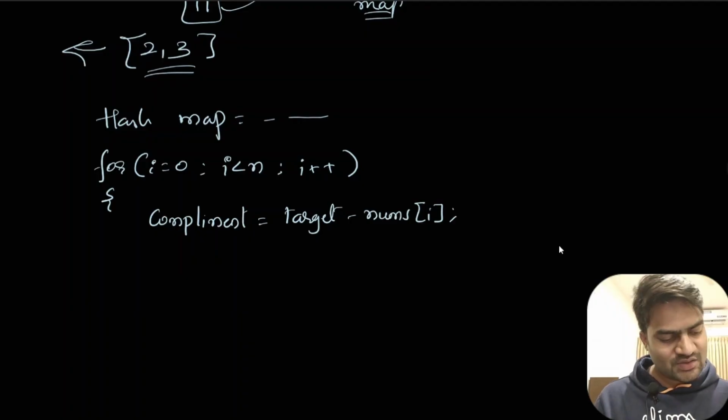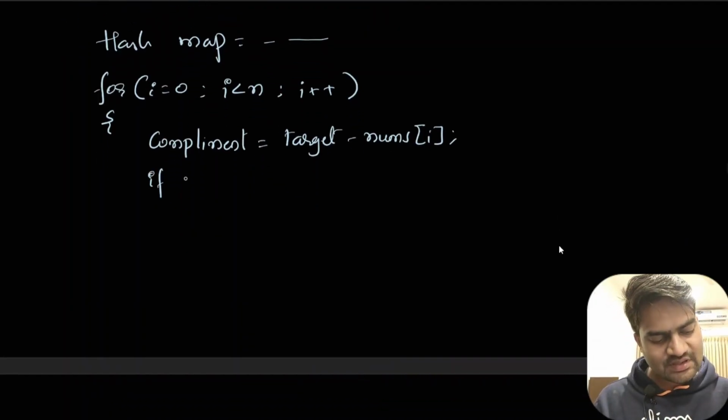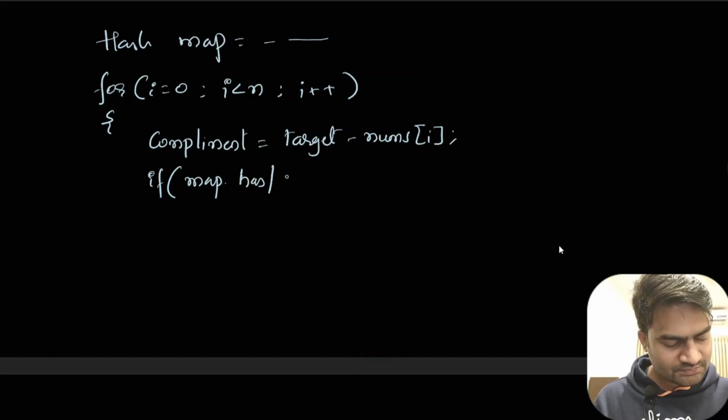Now I will check if my complement is there in the map, so map dot has or contains key, then we pass complement.